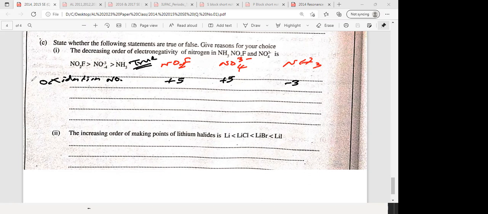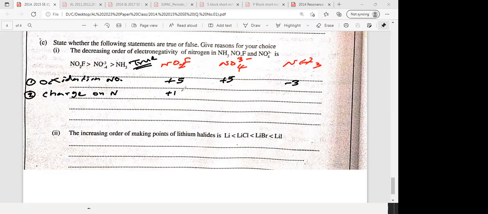Second one, number 2, charge on nitrogen. What is the charge here? NO2F, what is the charge? +1.